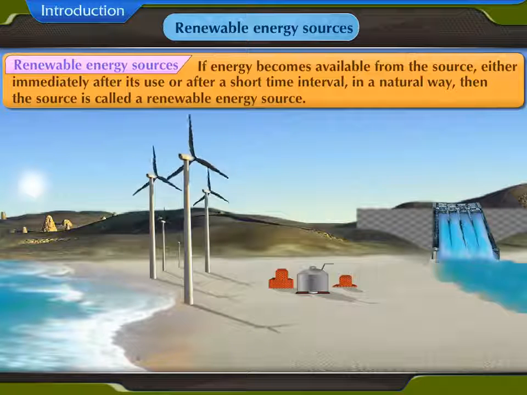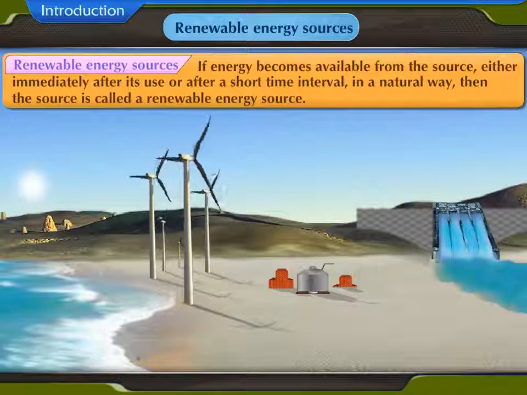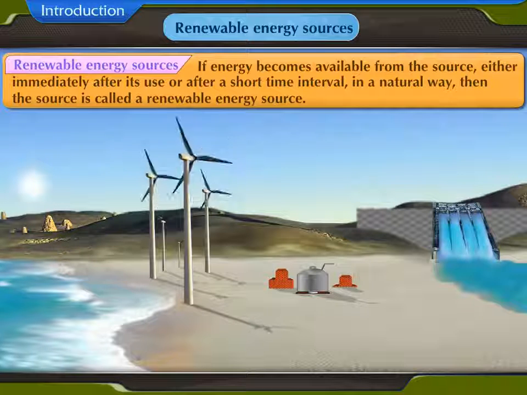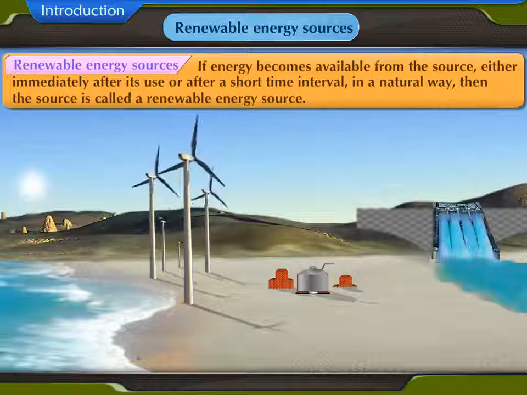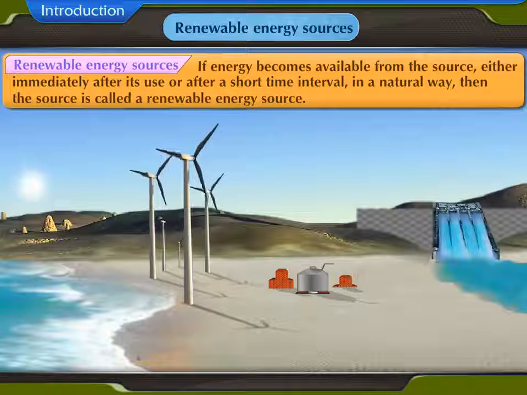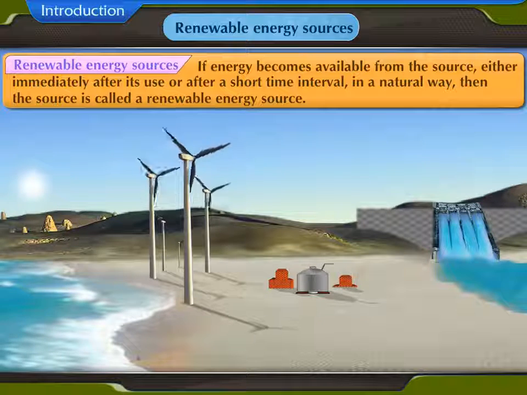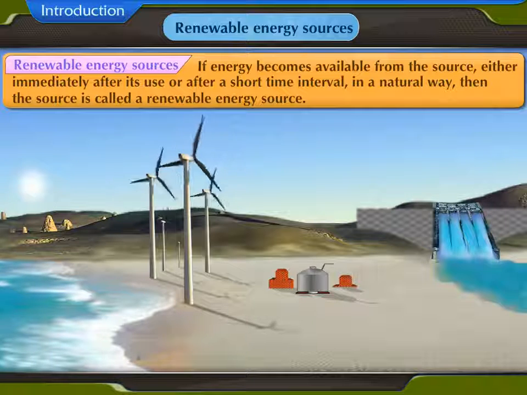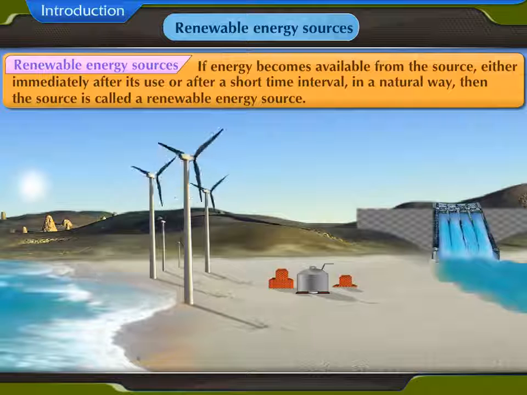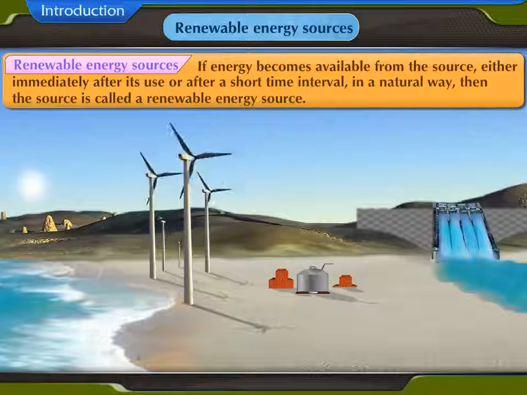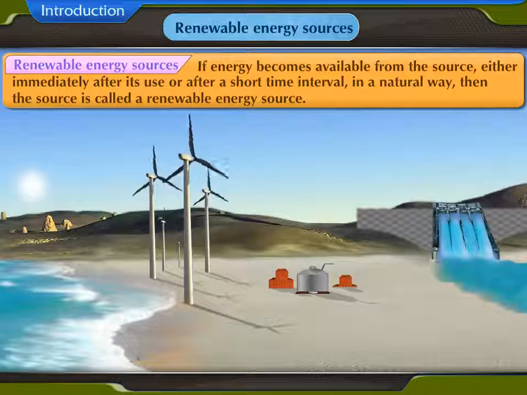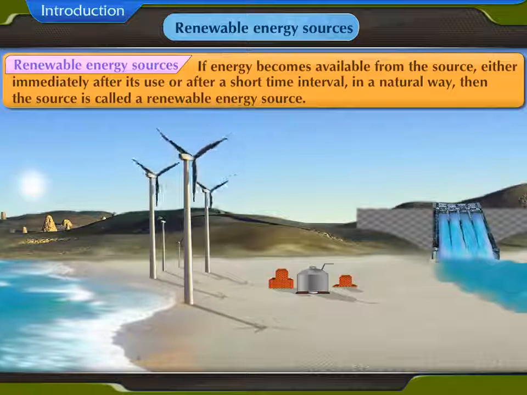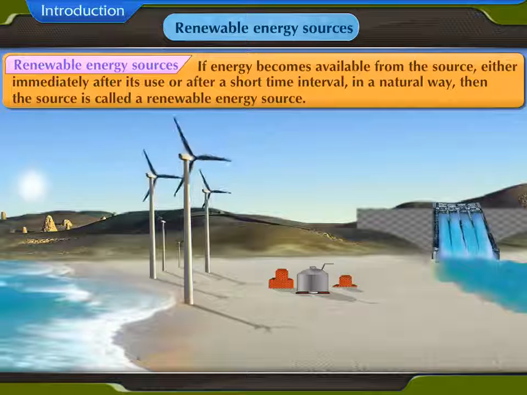If energy becomes available from the source either immediately after its use or after a short time interval in a natural way, then the source is called a renewable energy source. These sources have existed in nature for billions of years and are expected to last for billions of years without getting exhausted.